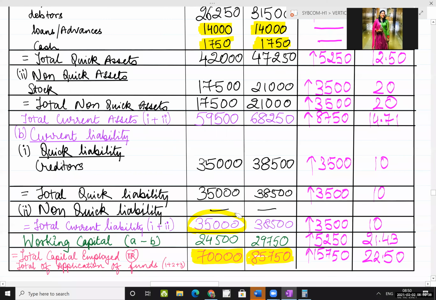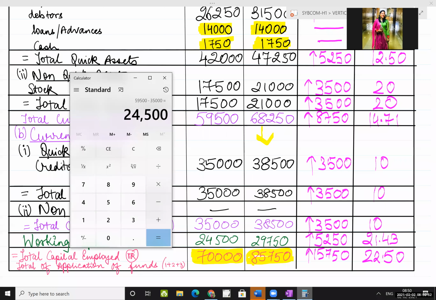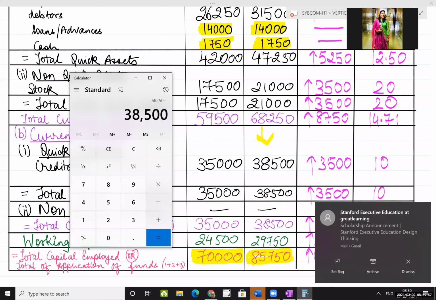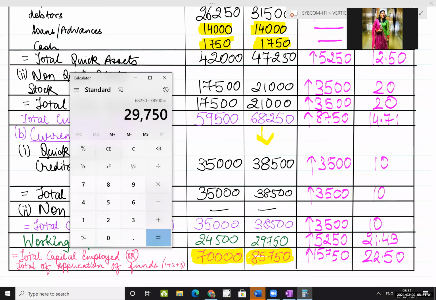Next column. 68,250 and 38,500. 68,250 minus 38,500, 29,750.